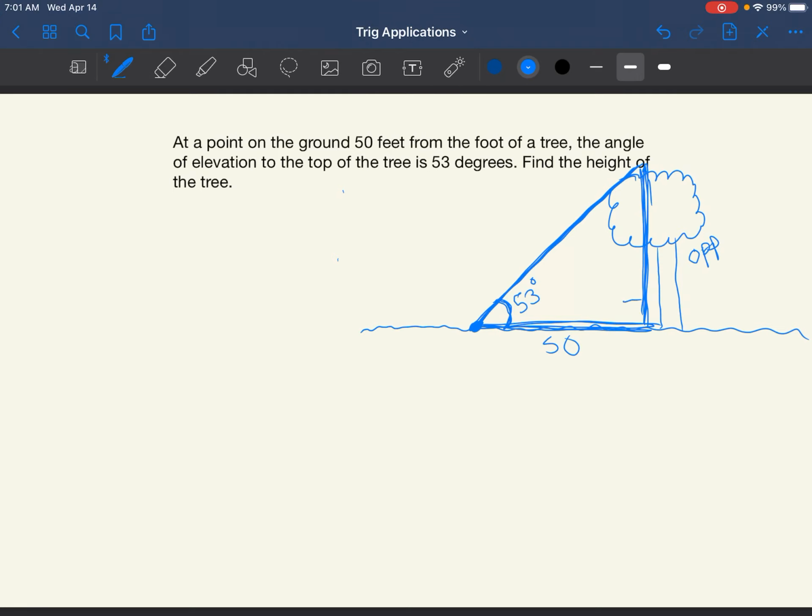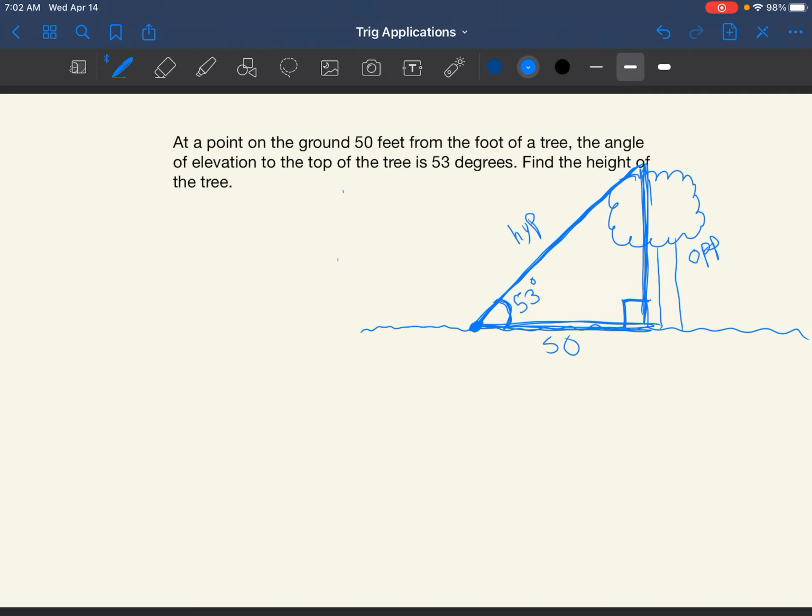Remember, I have a right triangle here. A right triangle makes that perfect L shape. The side directly across from the right angle, this side right here, is the hypotenuse. I'll go ahead and label that HYP. And the side we have not yet labeled is your adjacent.